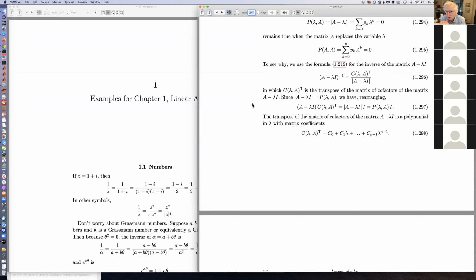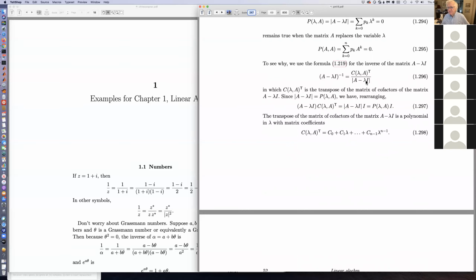Anyway, to see why, what we do is we go back to the formula for the inverse of a matrix. The inverse is the transpose of the cofactor matrix divided by the determinant.